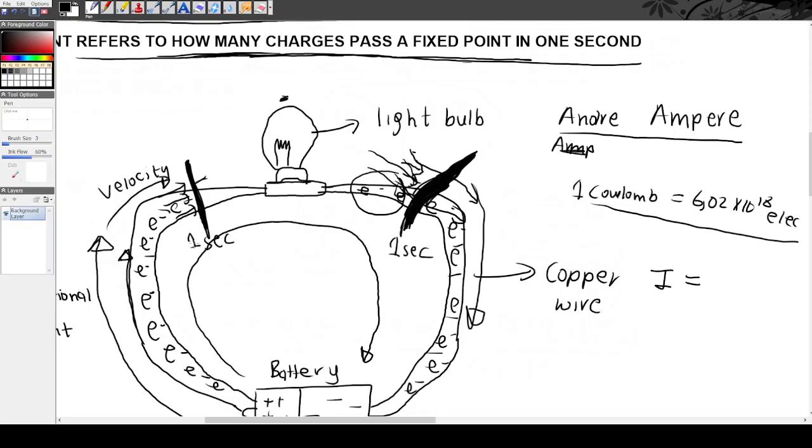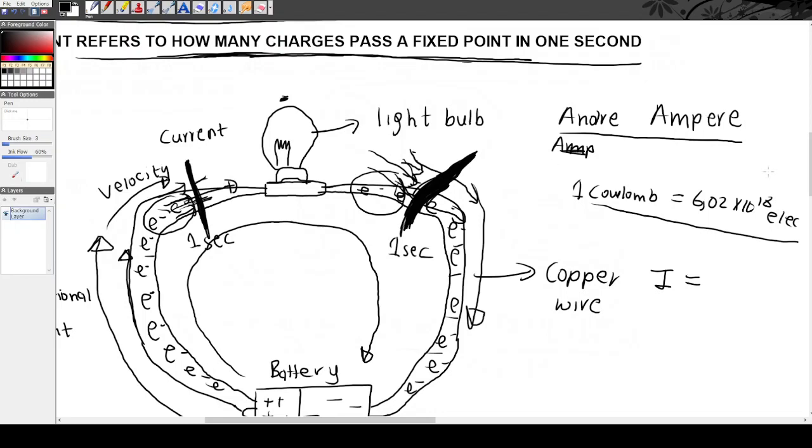So if you look at how many groups of electrons pass here in 1 second, then what do you want? The current. So current is the rate at which charges pass here, or it's how many coulombs of charge pass a fixed point in 1 second.